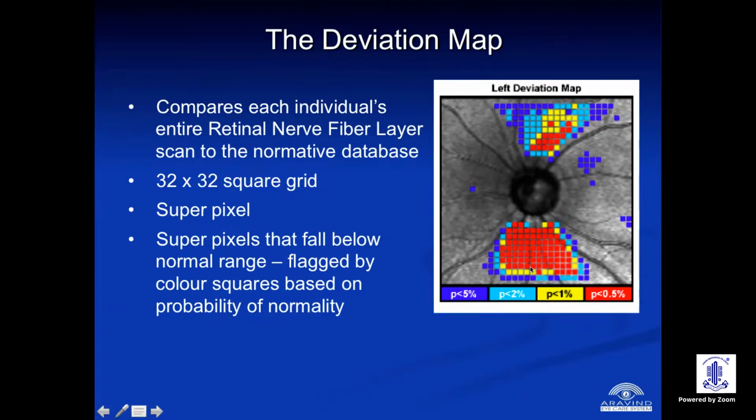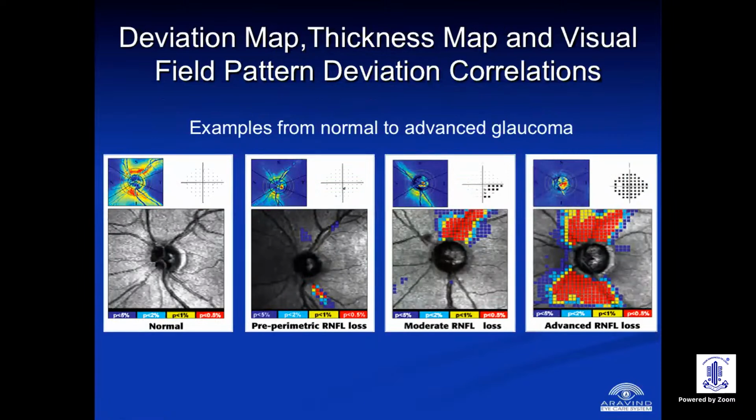These defects are color coded based on the probability of normality as compared to the database, with red indicating the most severe loss.